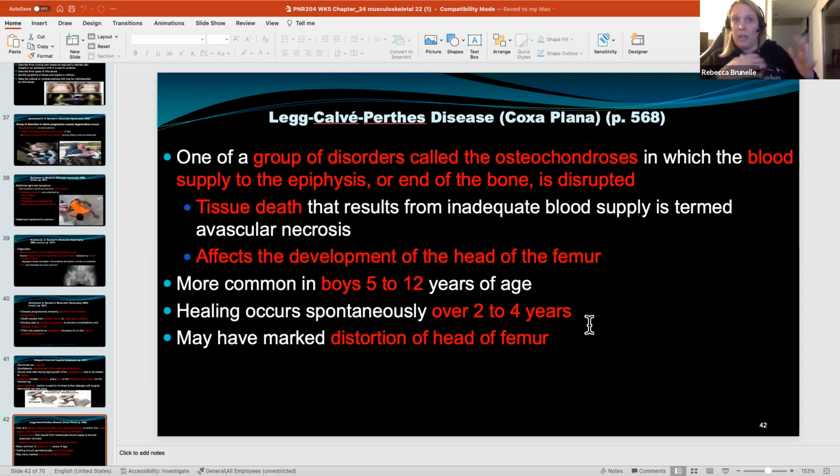They're going to have pain, they're going to be uncomfortable, but it's not going to require traction, and it normally gets better on its own. Having said that, because there is decreased blood flow to the head of the femur, they can end up with problems long-term, where they end up maybe even needing a joint replacement later in life if they have this condition when they're in their adolescence.